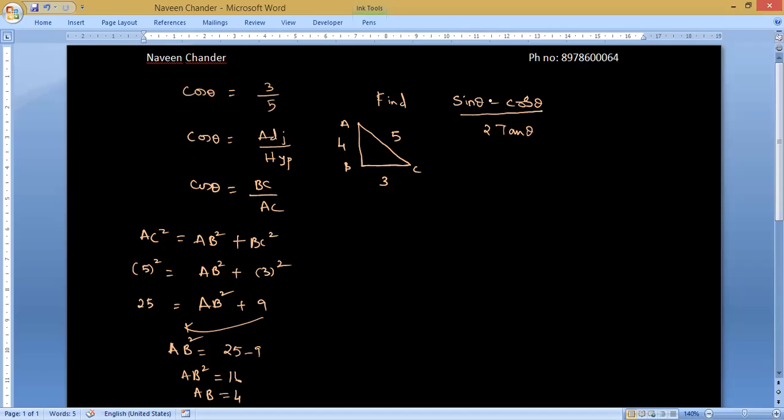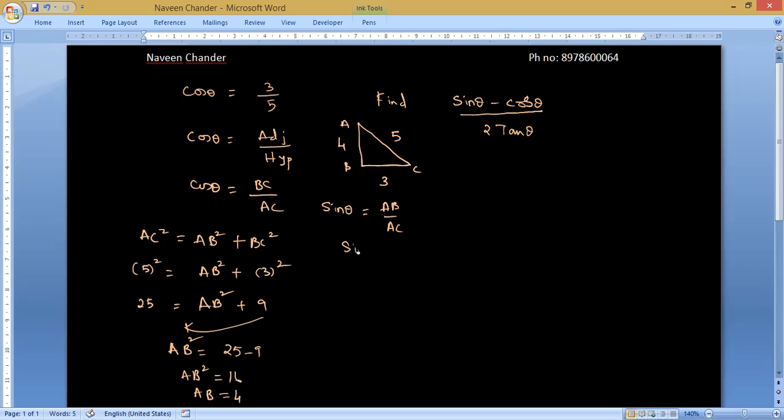Then sine. First one is find the value of sin theta minus cos theta by 2 tan theta. So what is sine? Sine theta is opposite side by hypotenuse, that is AB by AC.